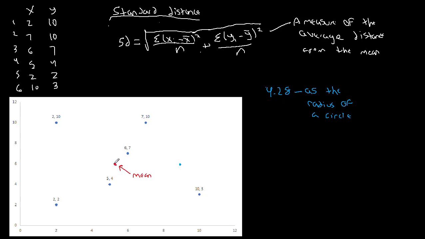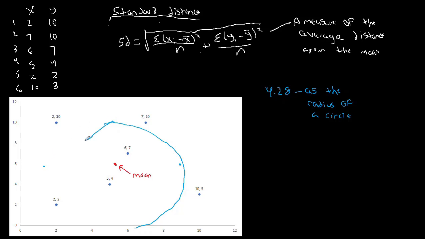This is 6, so we're going to go up to 10.25, which we'll say is roughly right here. I'm going to butcher this, but you can imagine drawing a circle. 5.3 minus 4.28 is just over 1, so it should be roughly right here.